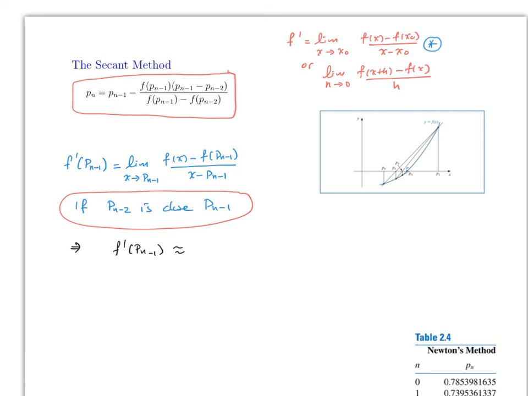So this will be just the slope between those 2 points: f of p n minus 2 minus f of p n minus 1 divided by p n minus 2 minus p n minus 1.